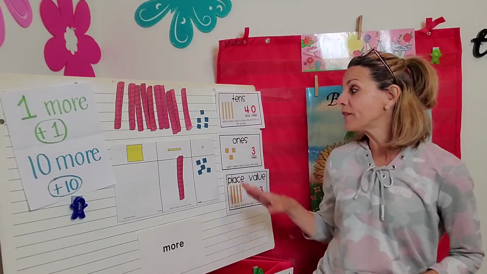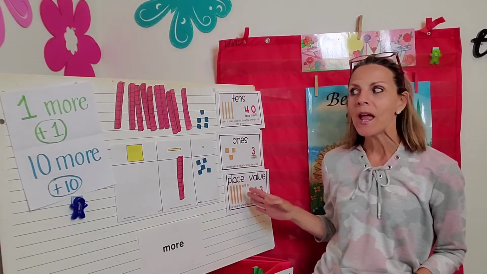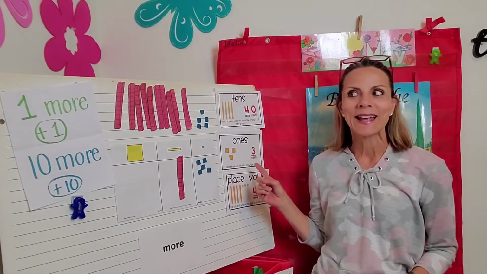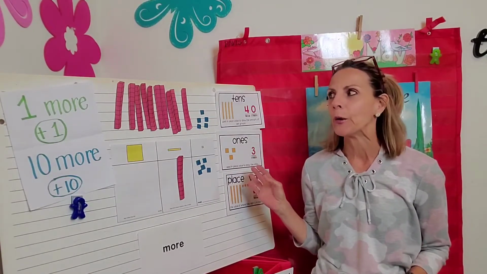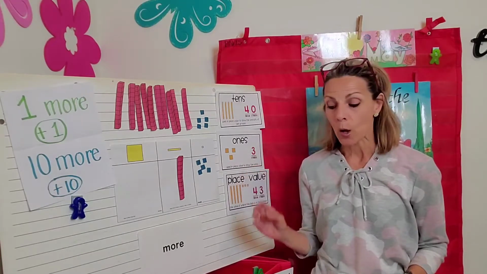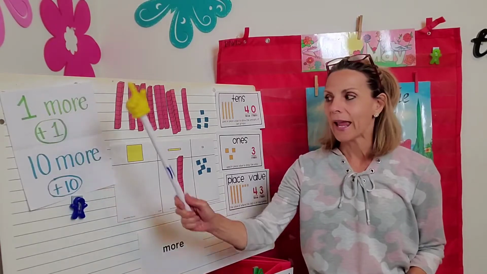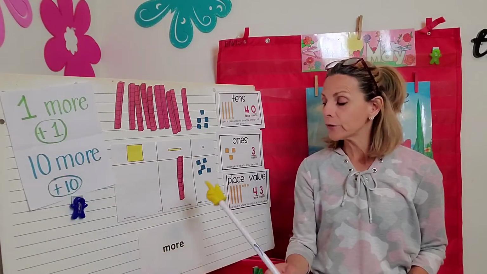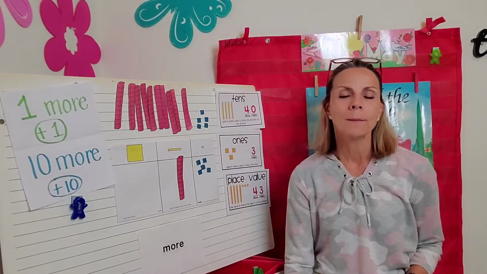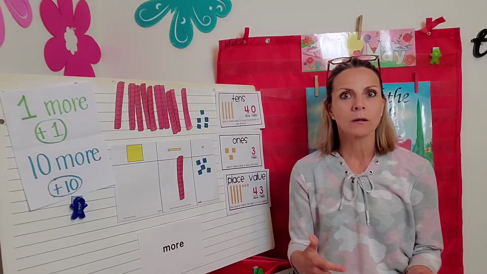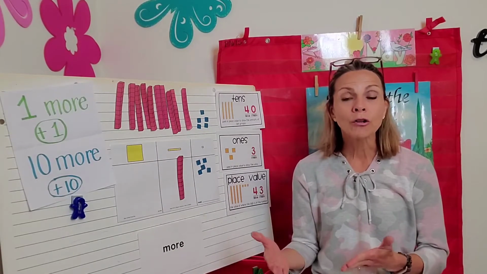Today we're going to be focusing again on place value, and we're connecting it, as we did in our last video, with adding. We're going to be adding again 1 more and 10 more. And we understand that the word more means bigger, greater, larger.